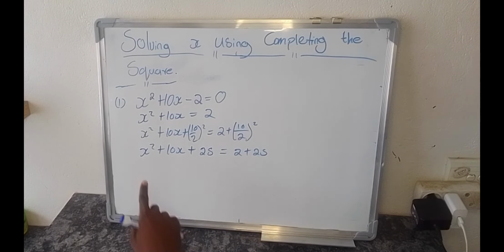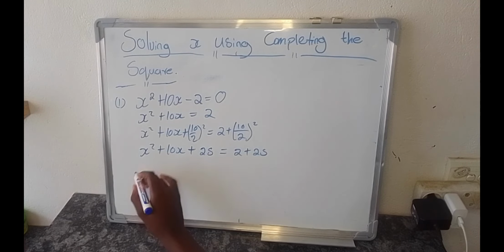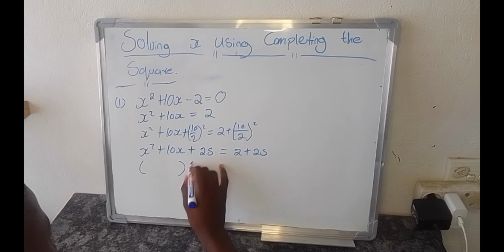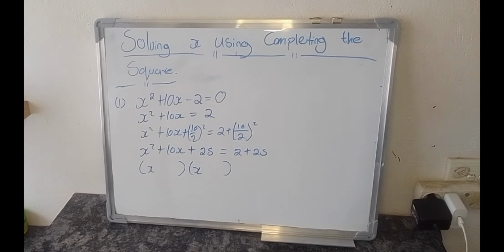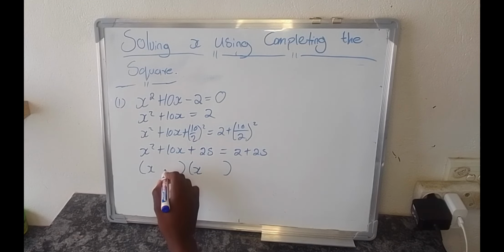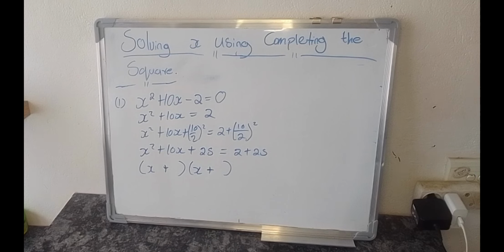Then from there we are going to try to factorize this side. So we are going to introduce two brackets. Then here we're going to have x and x. Then from there, what about the signs? We are going to have positive here and positive here. Why? Because of this sign.